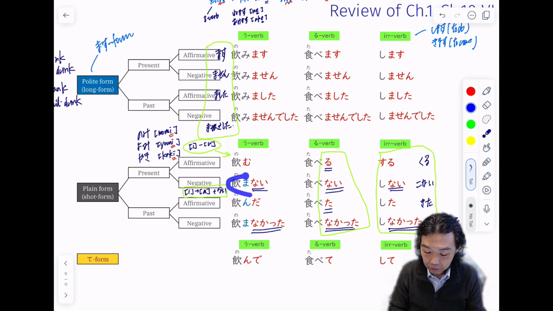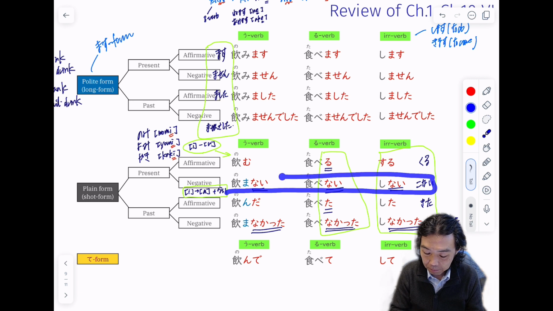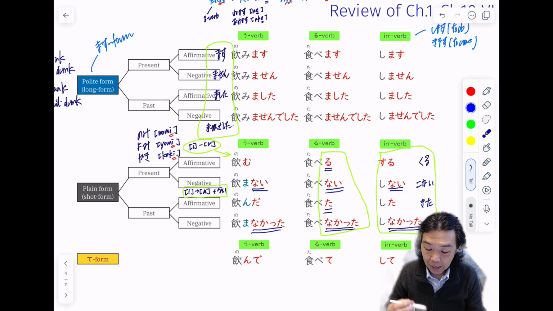We apply the same rule here. So you want to change the present to the past, and we know that in Japanese, the negatives are almost like I adjectives, and then we apply the same rule, which is changing い to かった.